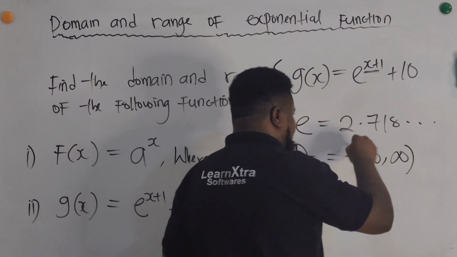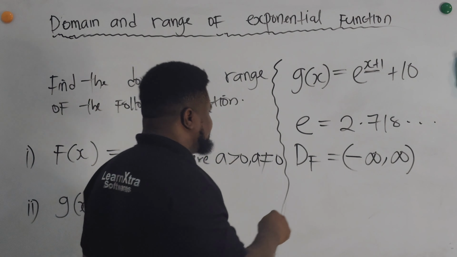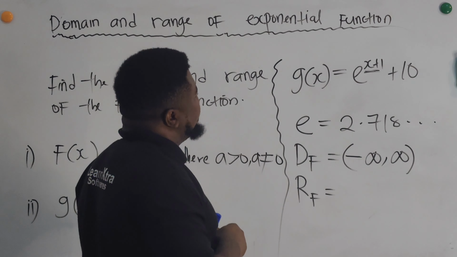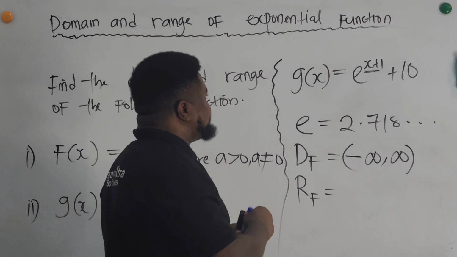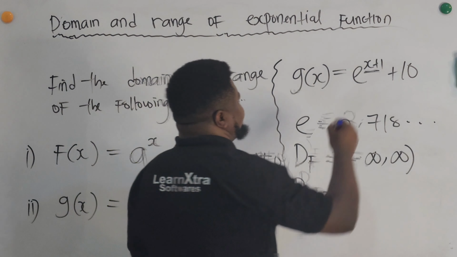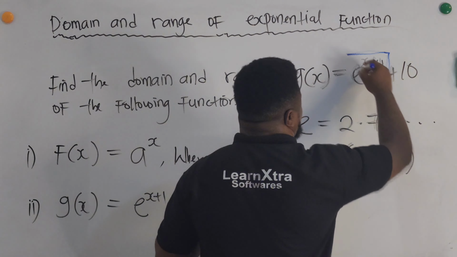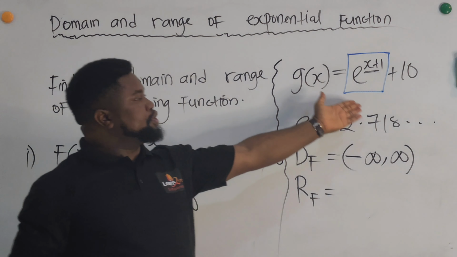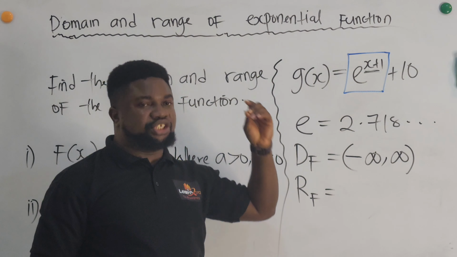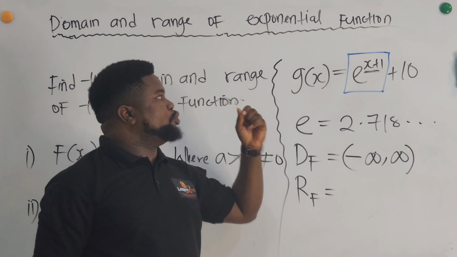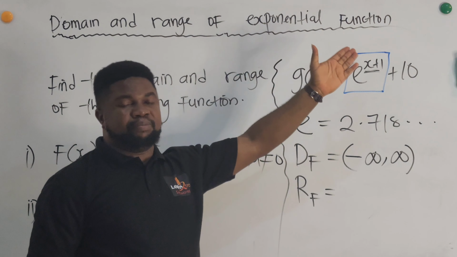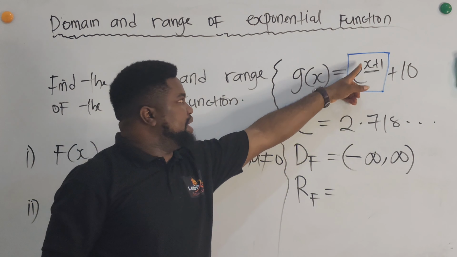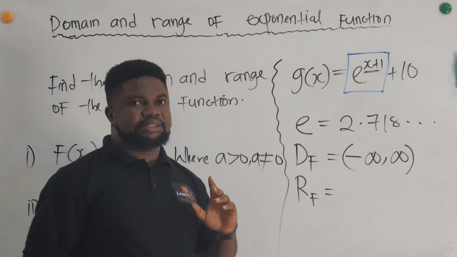The range is the interesting part. The range, R sub f. From this part of the question, we said that because it's exponential, we can't have 0. But we'll be getting bigger numbers up to infinity, increasing, provided our base is bigger than 1.